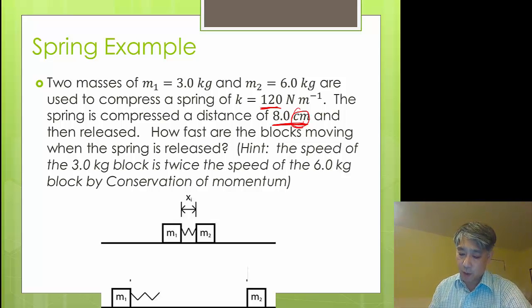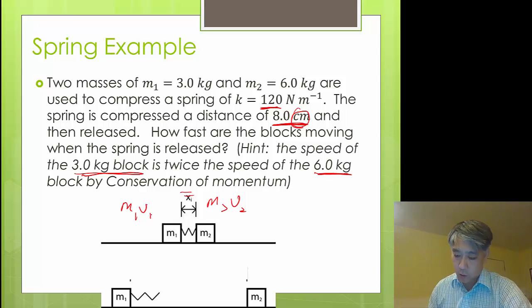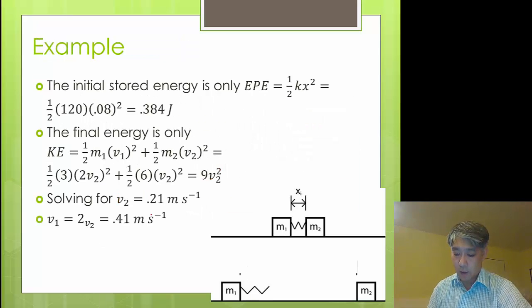By conservation of momentum, the 3 kilogram block's speed will be twice the speed of the 6 kilogram block. m1v1 must equal m2v2, just in opposite directions.